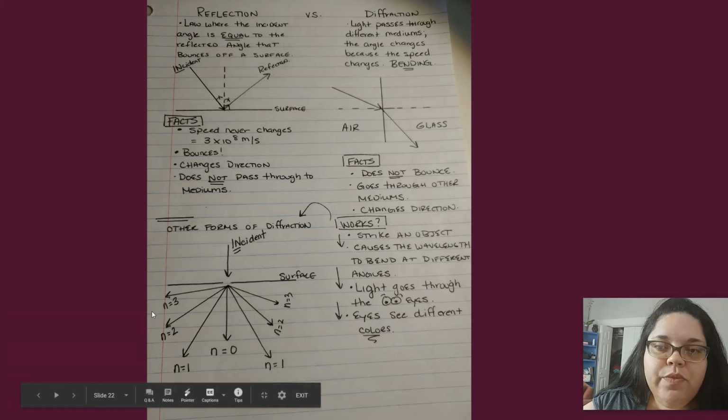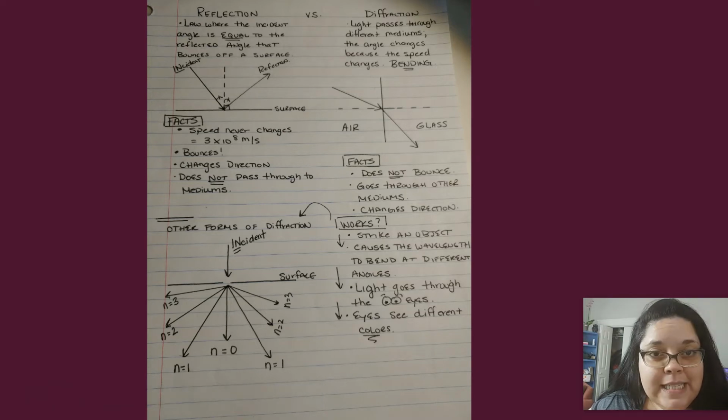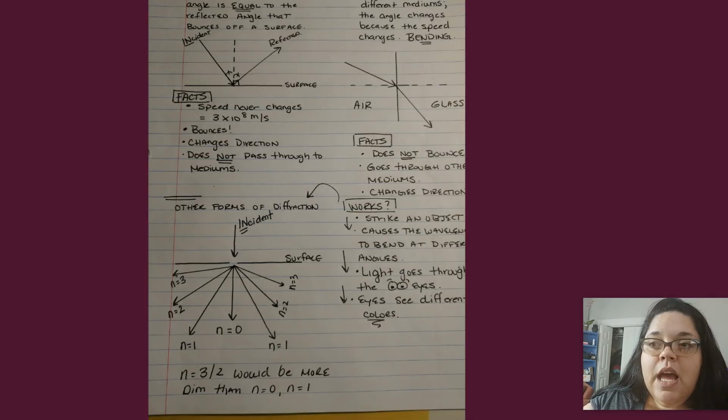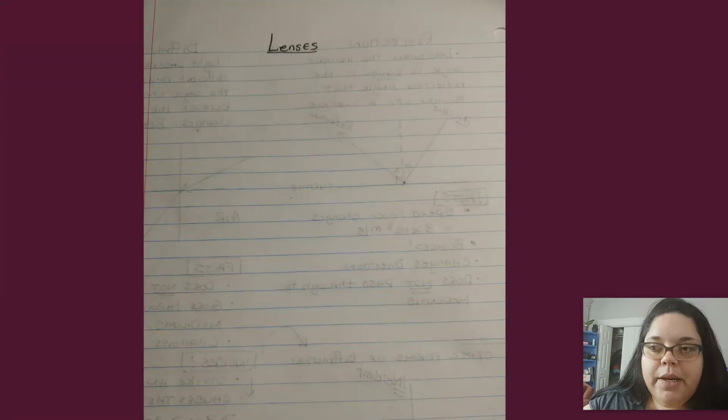So as you move along and have more bending away from the light source, you're going to have more dimness, meaning that it's not going to be very bright, because you're having a higher incidence of refraction, right? So the 3s and the 2s would be more dim, and then the 0 and the 1s would not be this dim, and they would actually be brighter.